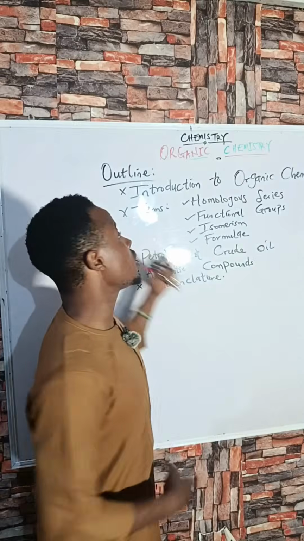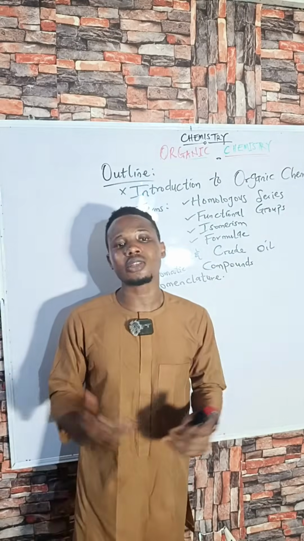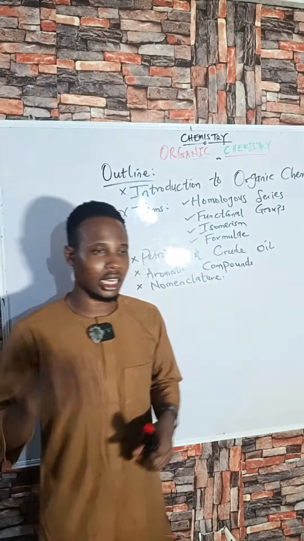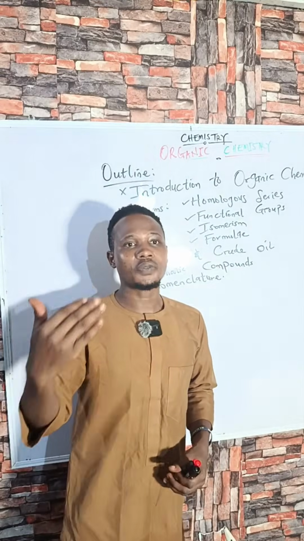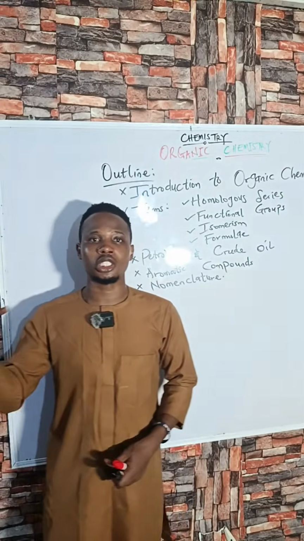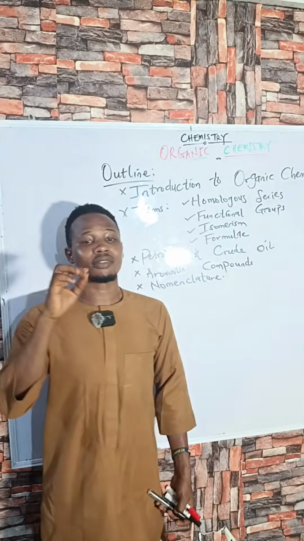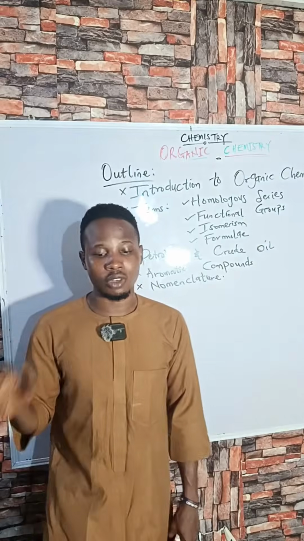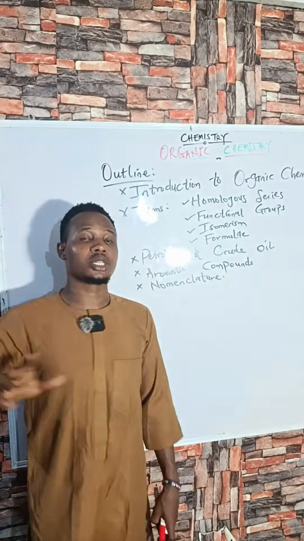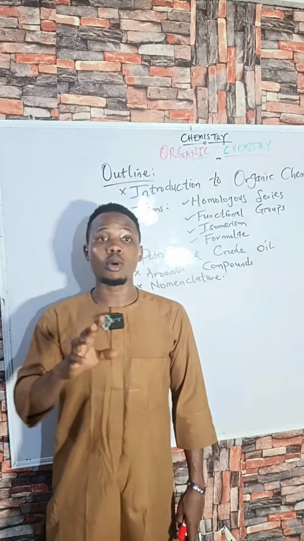Now, if we leave that, we look at the chemical definition of organic chemistry. What does it exactly mean? There are different aspects of chemistry, but in inorganic chemistry, we have oxygen, we have carbon, and the likes of them. But there is a special chemistry that is dedicated to carbon on its own.